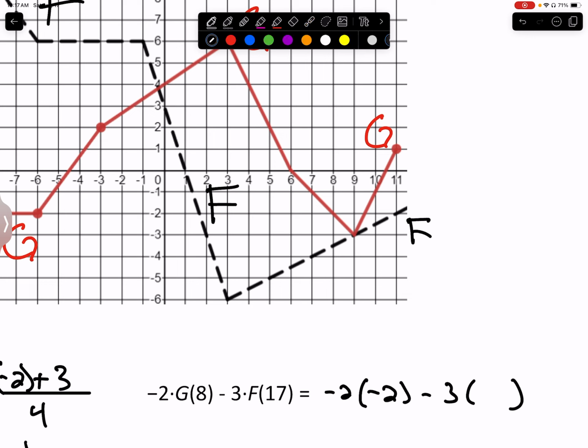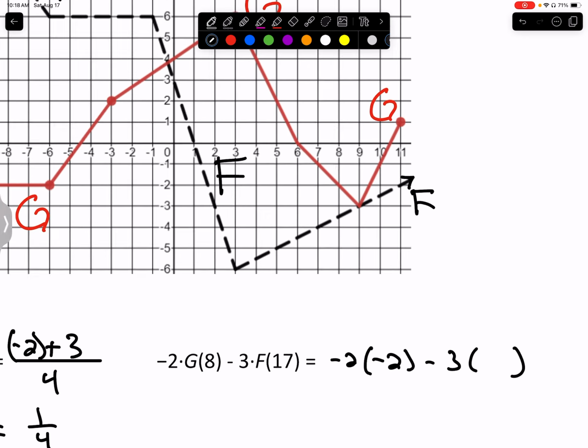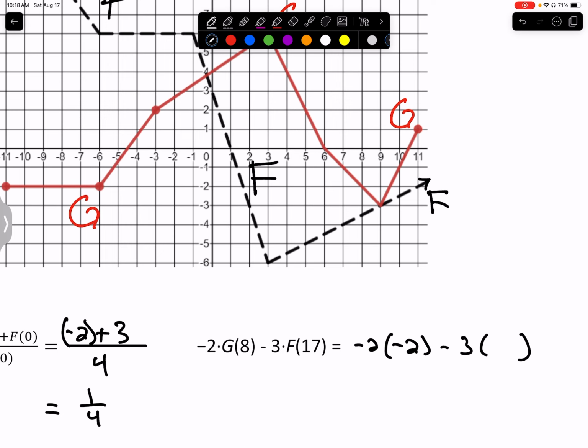We're assuming, rightfully so, that this f graph continues as a line forever as it goes to the right. So to figure out what's happening at 17, let's examine the slope. If I'm on this curve, every time I go up 1, I'm going to go to the right 2. So that means my slope is going to be a positive 1/2.